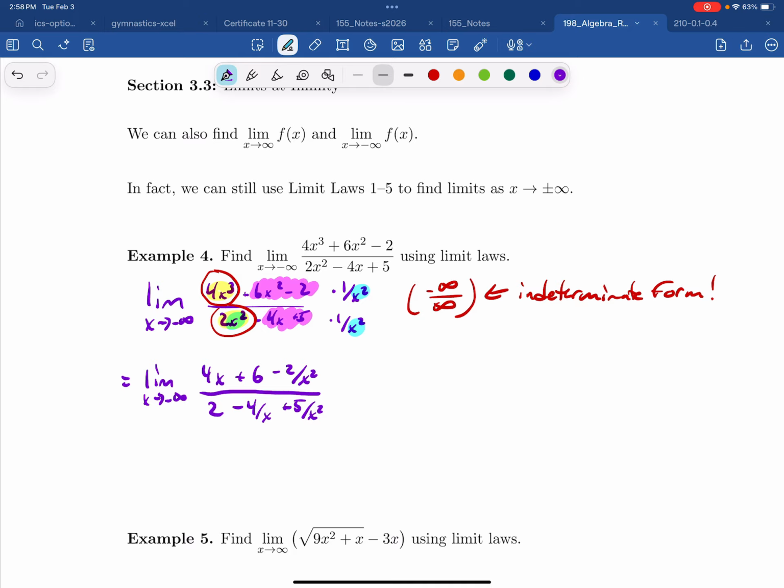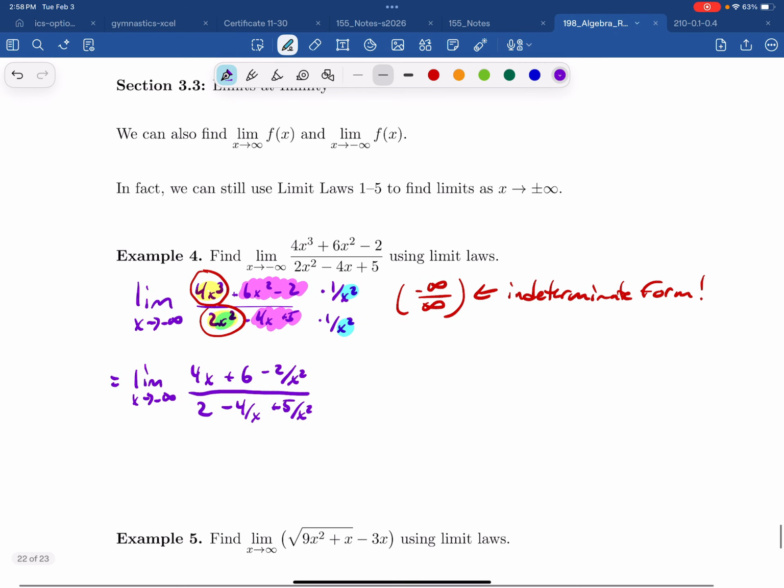Now, we can look at this and say, okay, hold on a second. The denominator is approaching 2 minus 0 plus 0. Do we see that? Because 2 goes to 2. Negative 4 over x is actually going to go to 0, right?